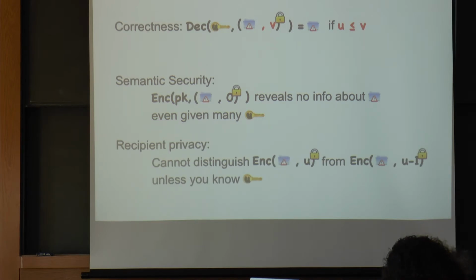And then finally, we have recipient privacy, the property that the interval is hidden. This is easily formalized as follows. Basically, an encryption to an interval containing user U is indistinguishable from the interval with U removed, unless I actually have the key for that user.